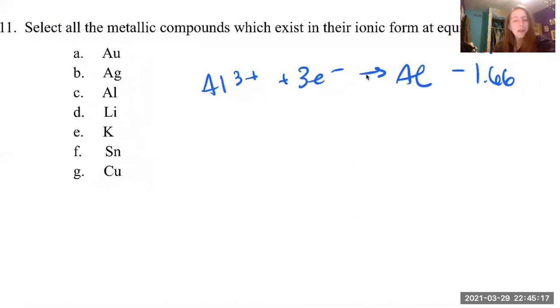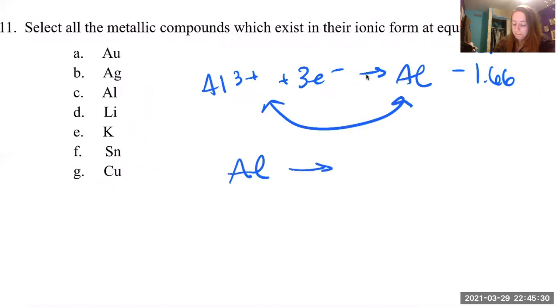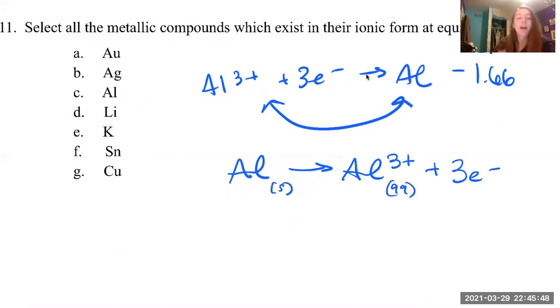We always flip the half reactions that have negative SRPs. So we're going to flip this around. Okay, this represents how this reaction wants to go. This reaction wants to go this way. It wants to go from this solid form of aluminum to the aqueous form, or the ionic form.